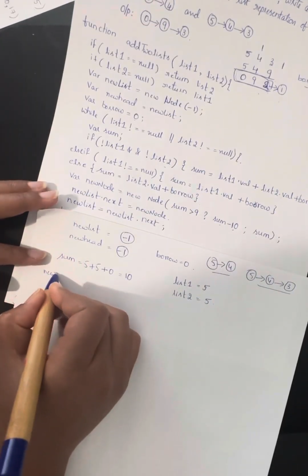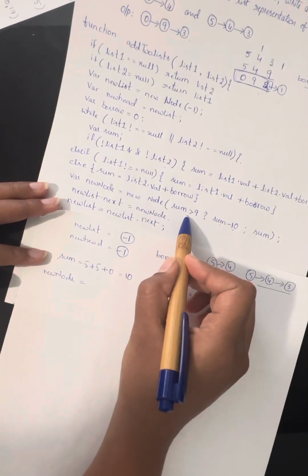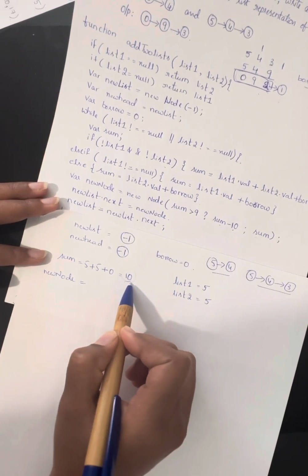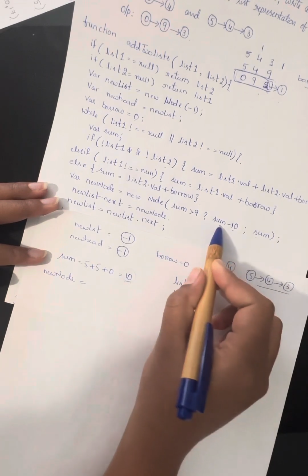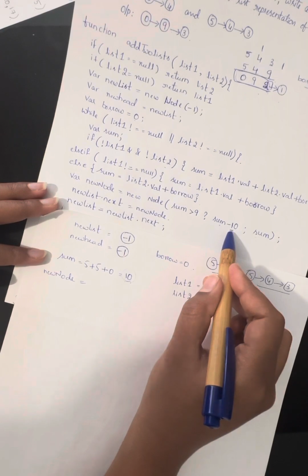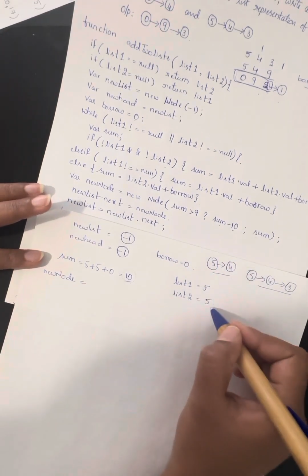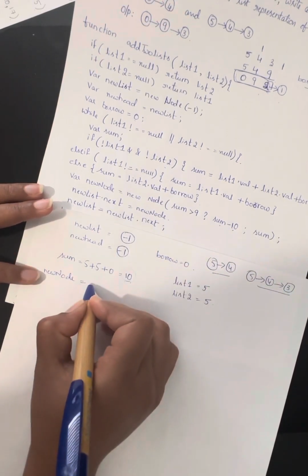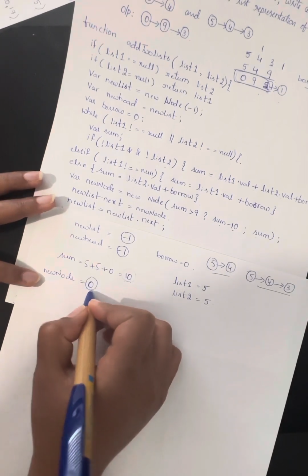So for the new node, we'll check if sum is greater than 9. Yes, it is greater than 9 because it is 10. So if it is greater than 9, we need to store in this new node sum minus 10. Sum is 10, and 10 minus 10 is 0, so new node equals 0.